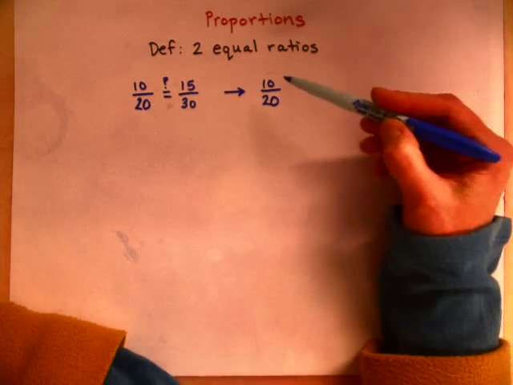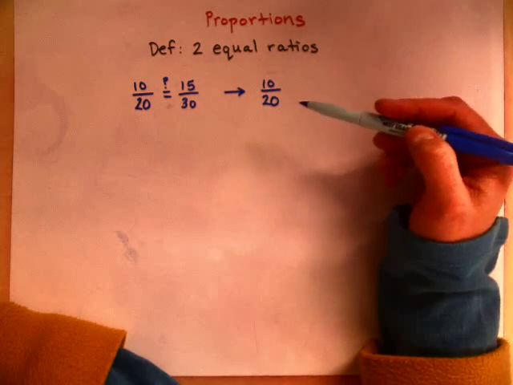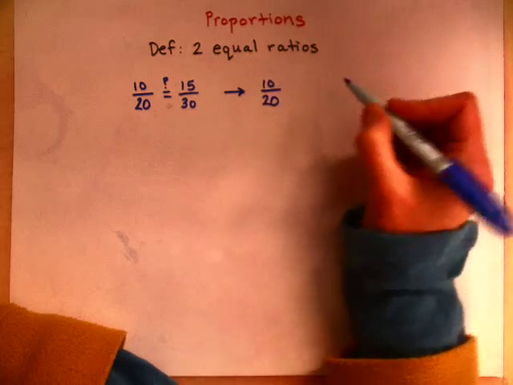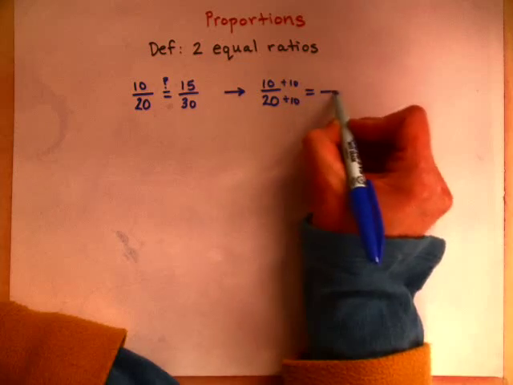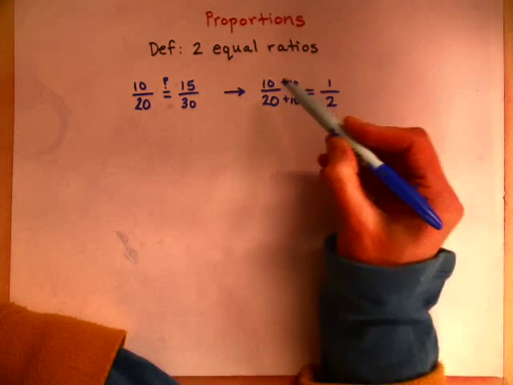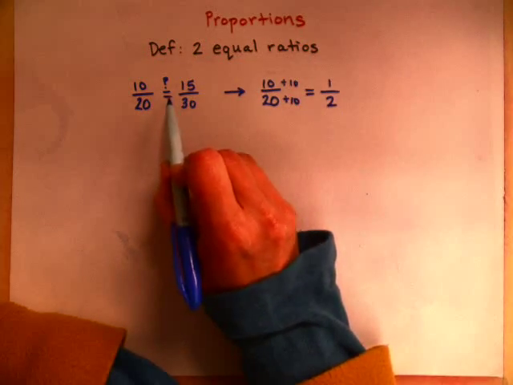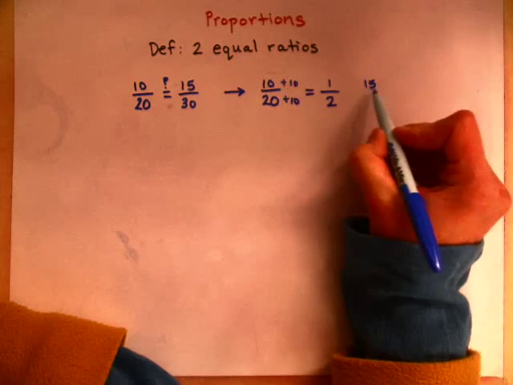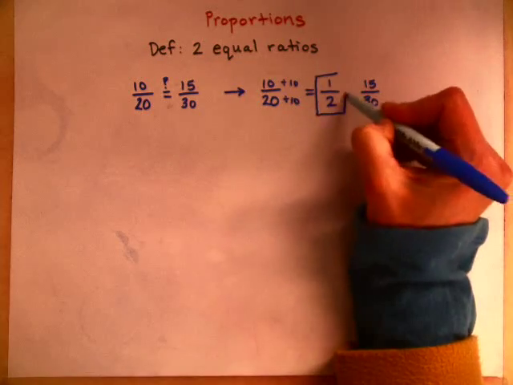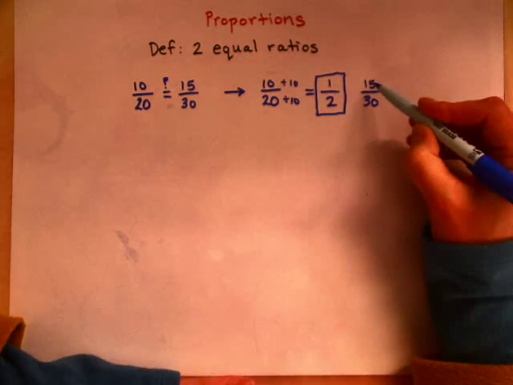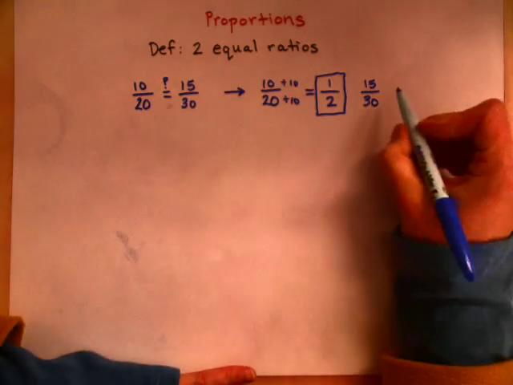I know that I can divide 10 by 10 and I can divide 20 by 10, so I can definitely reduce this down to 1/2. And 10 is half of 20, so that makes sense. Now 15 to 30, I know that 15 can be divided by 15, and I know that 30 can be divided by 15.